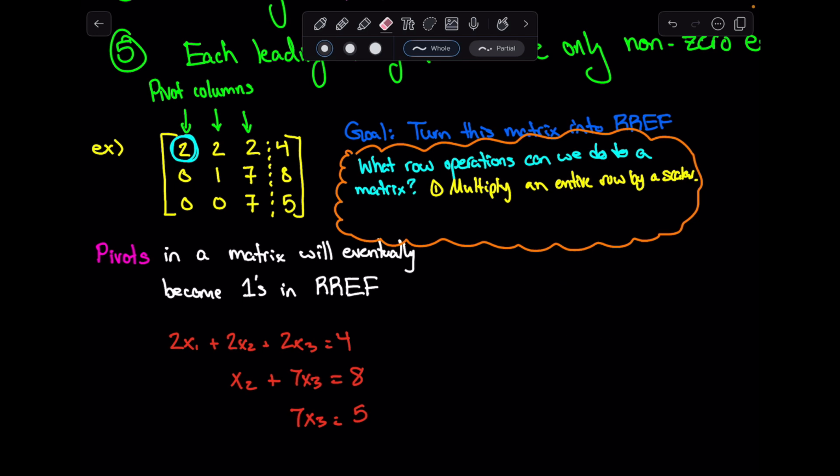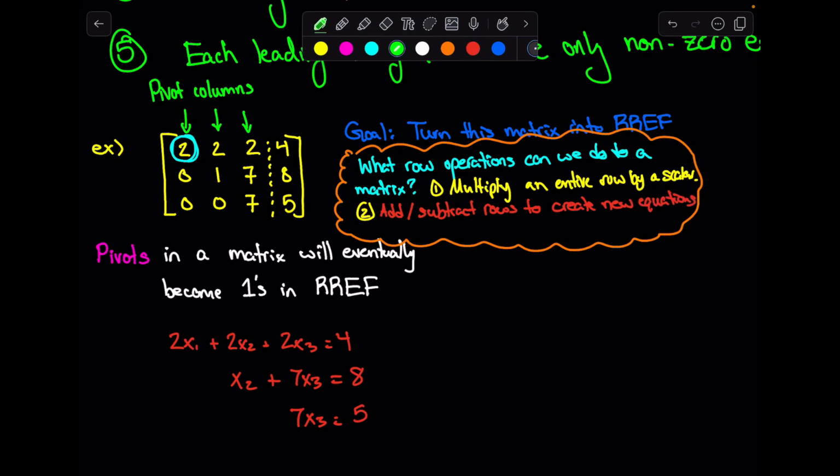What else could we do? We found out that I can add rows together or subtract rows, and I can create new rows from that. So the second thing that we can do is add and subtract rows to create new equations. Okay, that's something we can do.